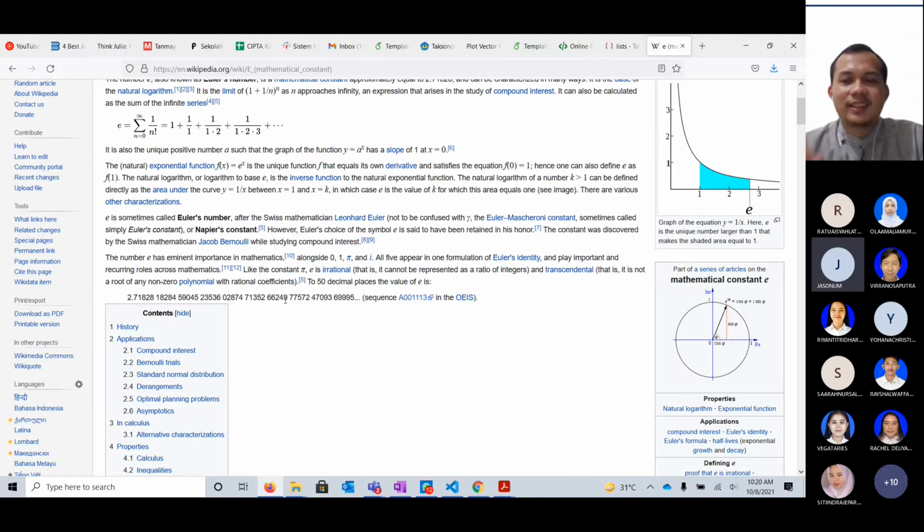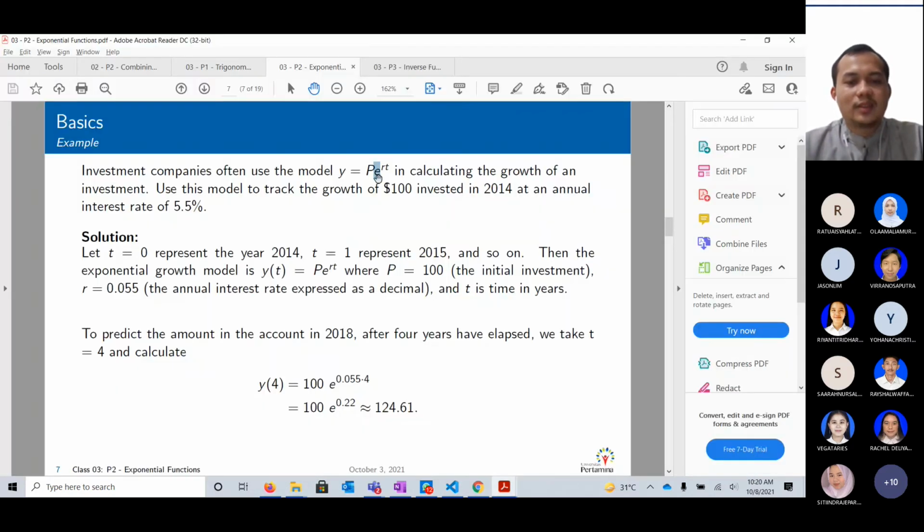Yeah, it is around 3.14. And the approximate value of this number e is around 2.72. Now, is anyone of you still confused about this number e?